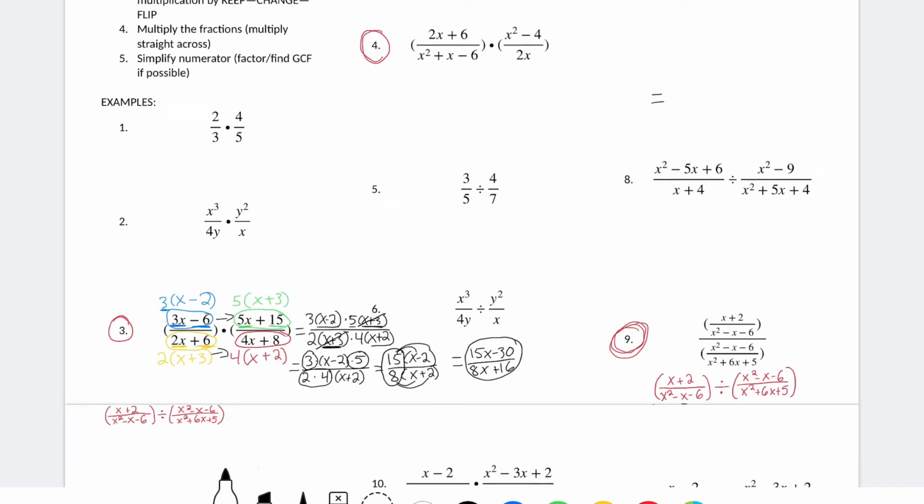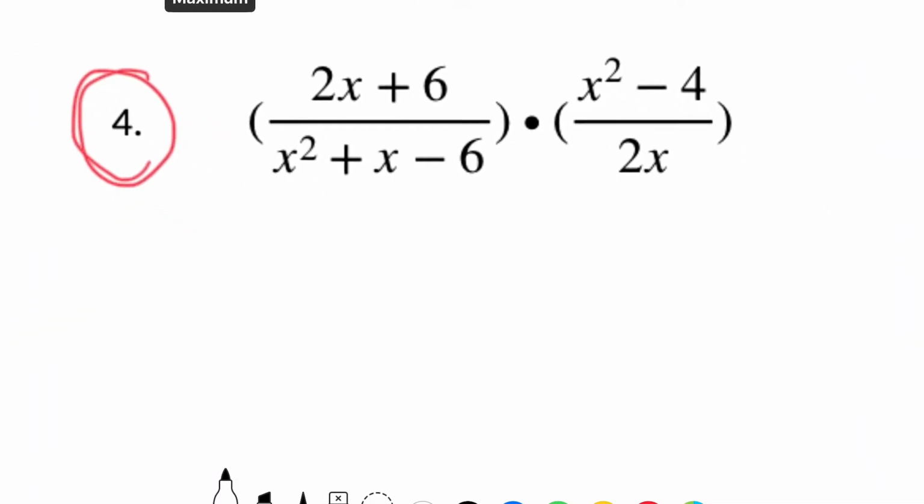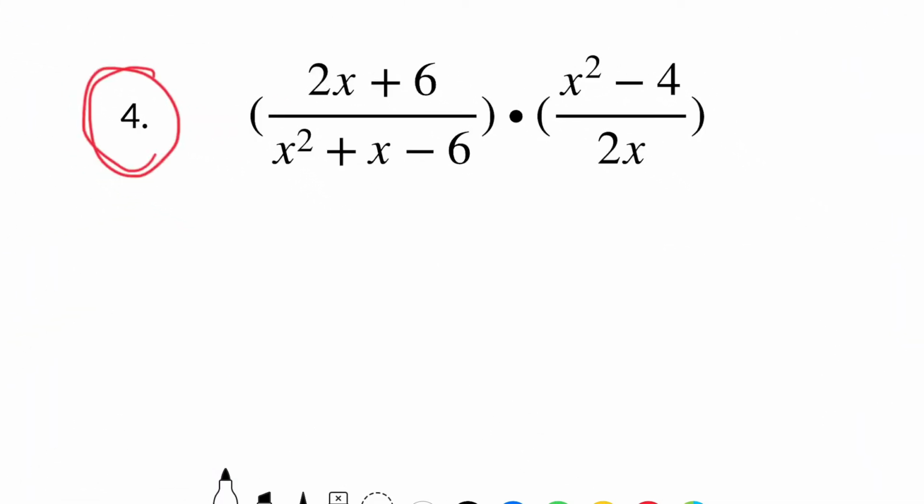Now looking at number 4 for Lesson 1. We're going to take each little section and factor it as far as we can, and then see if there's a common factor in both the numerator and denominator.